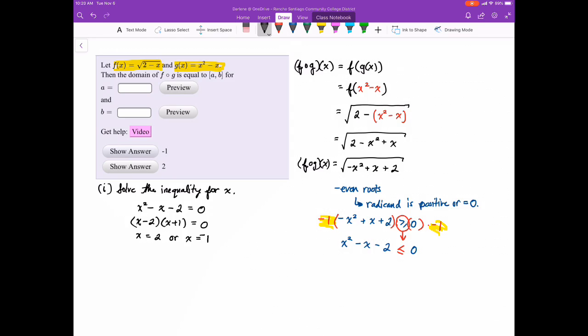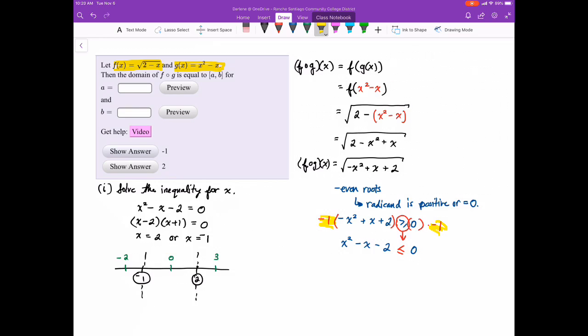And if I put this on a number line, here's negative 1 and here's 2. And I take test points, let's say negative 2, 0, and 3. I'm looking for the sign in this area for the inequality.